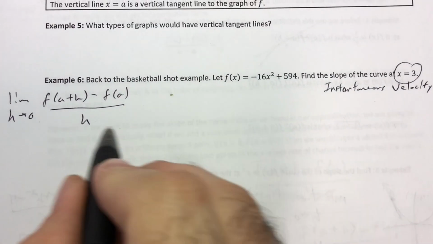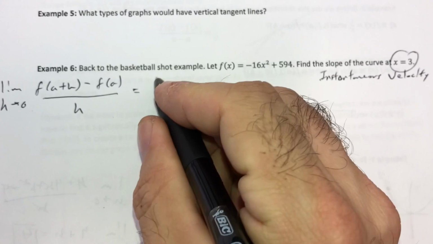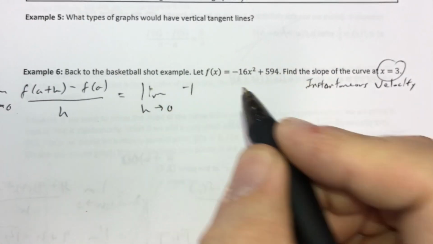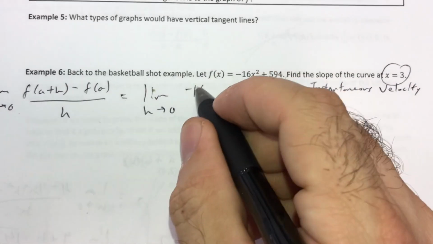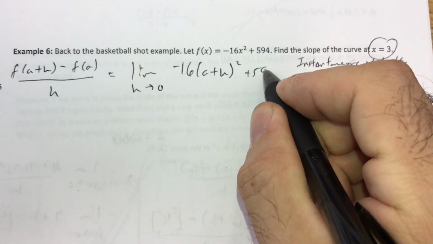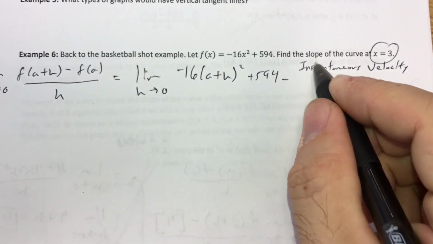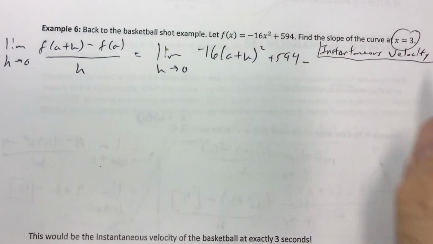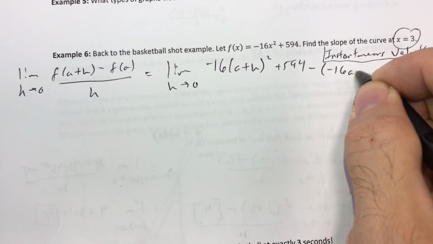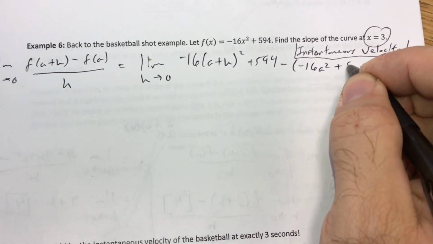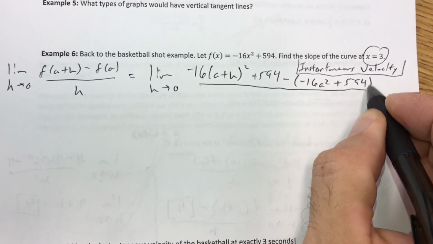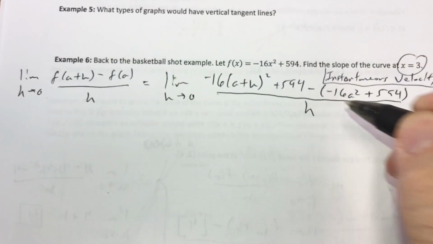And when we plug in our values, we will get the limit as h approaches 0 of, first, a plus h. So we get negative 16 times (a plus h) squared plus 594, minus, parentheses, negative 16a squared plus 594, all over h.